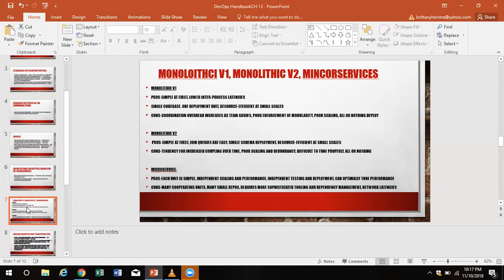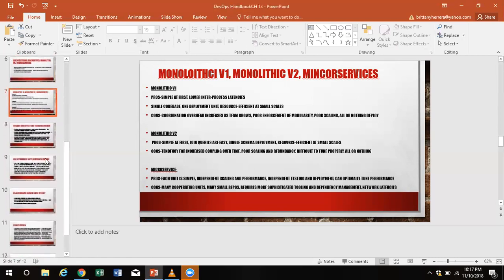The cons are a tendency for increased coupling over time, poor scaling and redundancy, and it's difficult to tune properly. For microservices, the pros are that each unit is simple, with independent scaling and performance, and independent testing and deployment. The cons are many cooperating units, many small repos, and it requires more sophisticated tooling and dependency management.